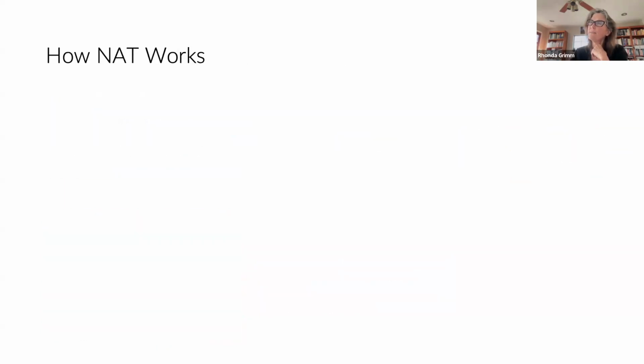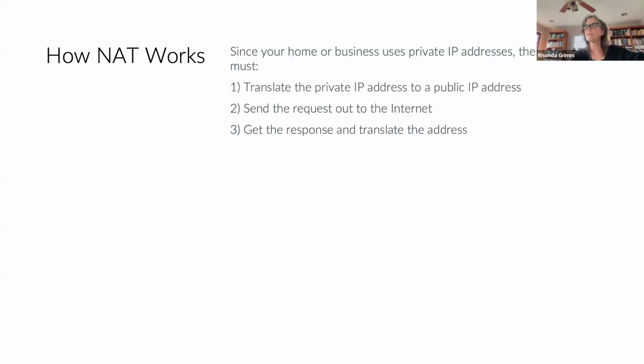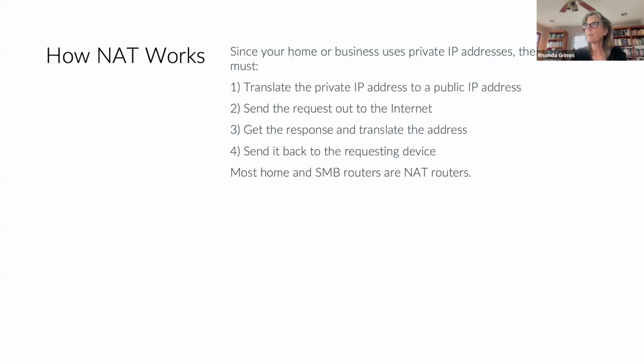So again, the way NAT works, since your home or business uses private IP addresses, the router does a lot of work. It's translating the private IP address to a public address, sending the request out to the internet, getting the response, translating the address, and sending it back. Also, most home and SMB routers are NAT routers. So what does that look like?